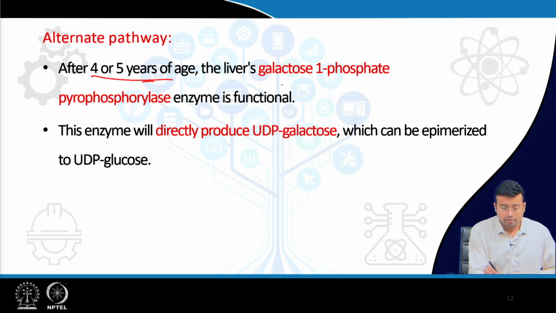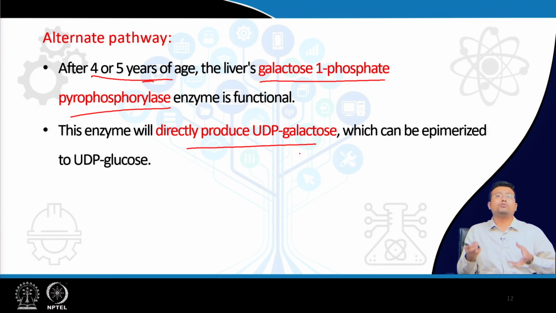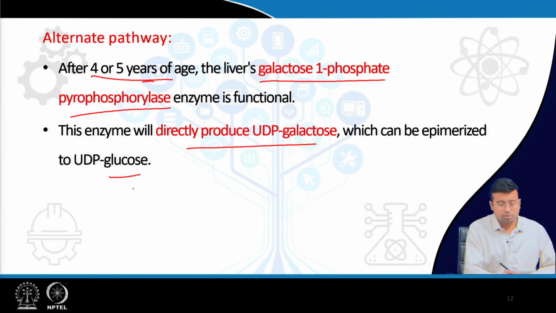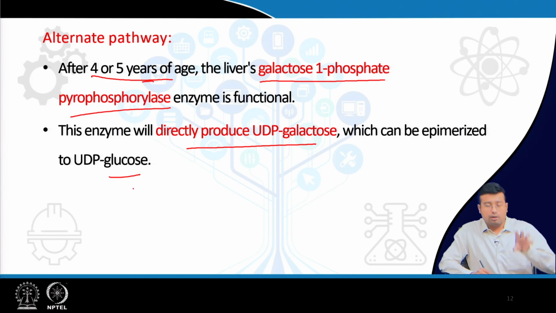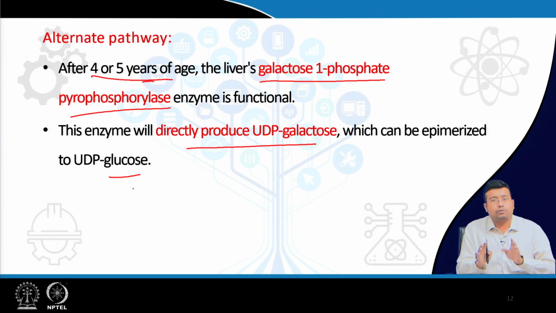That is the galactose 1 phosphate pyrophosphorylase. This is one enzyme, a very minor enzyme. What will it do? It will directly produce UDP galactose, which can be converted to UDP glucose. Just know this for MCQ sake, that galactose 1 phosphate pyrophosphorylase can directly produce UDP galactose.